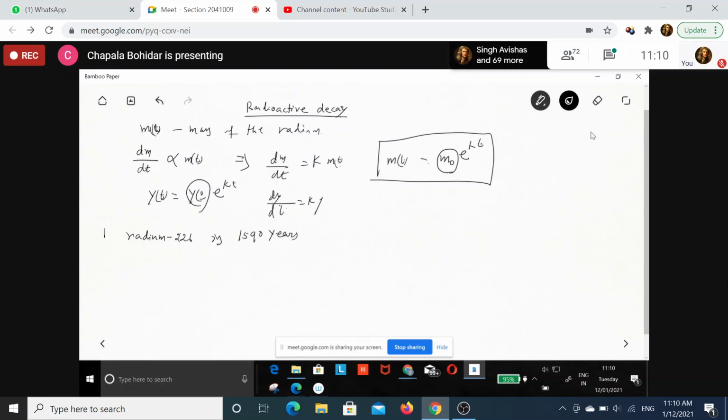The value of T is 1590 years. Okay? Part A. A sample of radium 226 has a mass of 100 milligram.